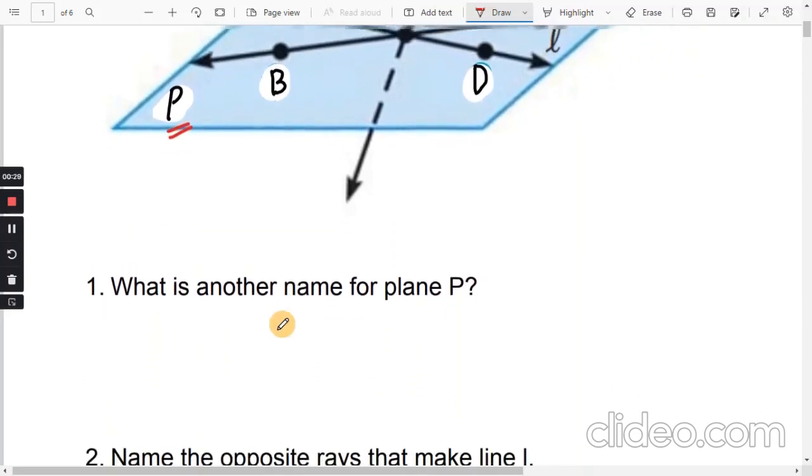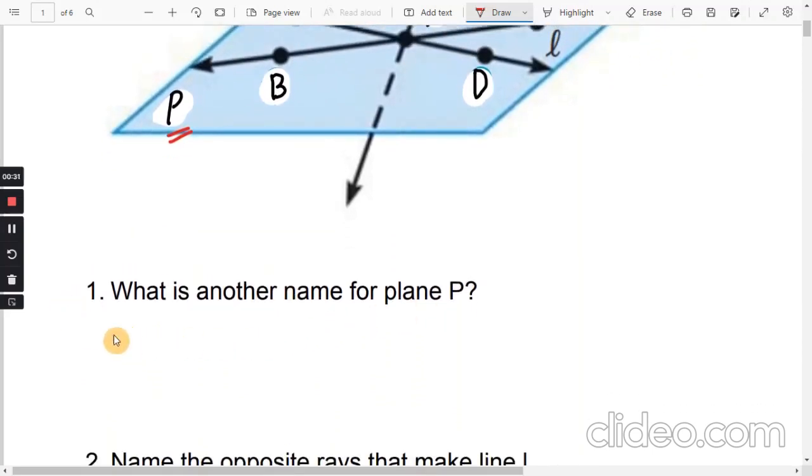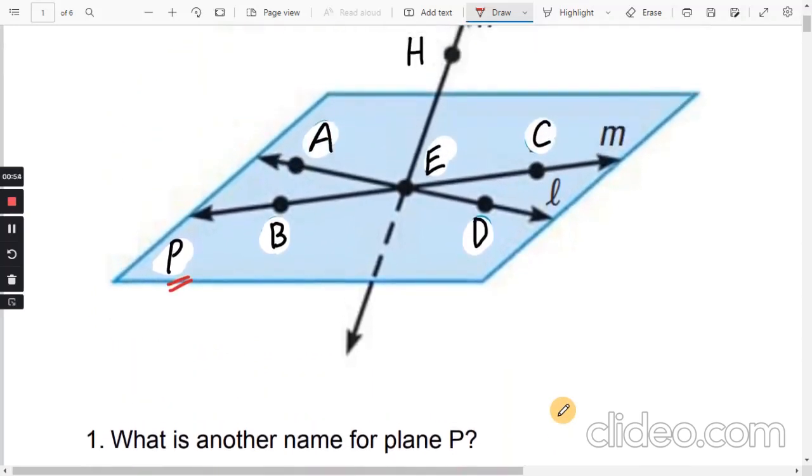Another name for plane P, you want to use 3 non-collinear points. In other words, 3 points that are not on the same line. Okay, of course they have to be on the plane, but they can't be on the same line.